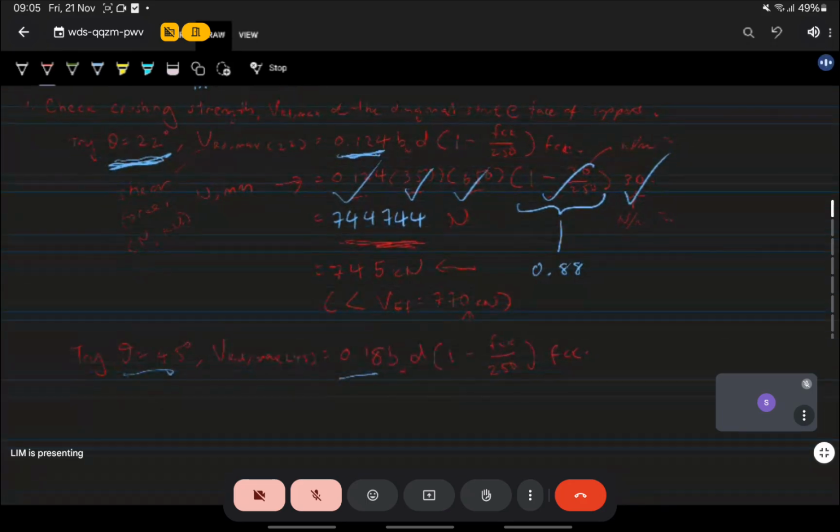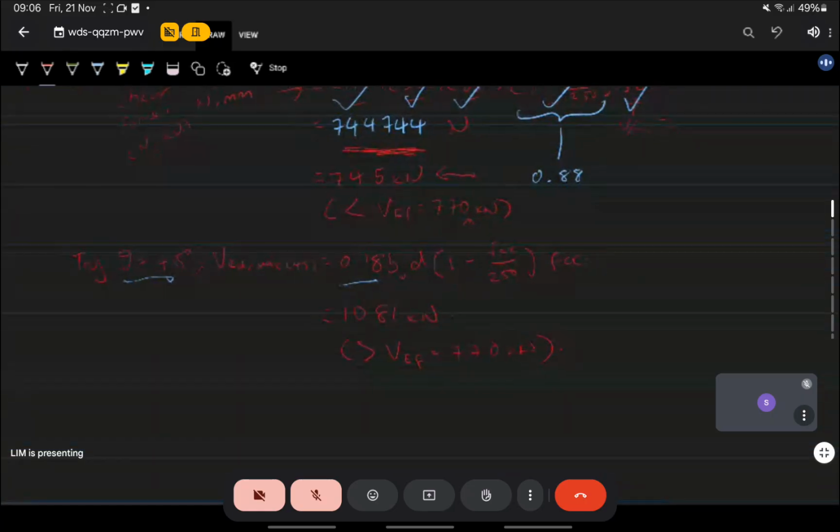So you take 745, divide by 0.124, times 0.18. What do you get? 1081. Now 1081 is bigger than VEF because VEF is 770 only.